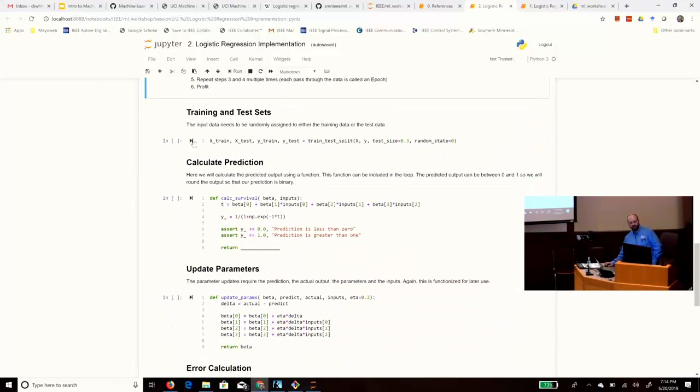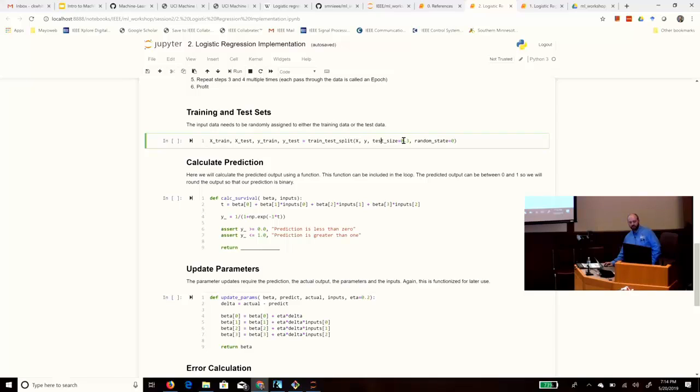So this next cell here, we're going to run that to create our training and test data. This function is built into the sklearn, the scikit-learn package, and it will take your input data and give you a percentage based on this number, where I say test size is 0.3.